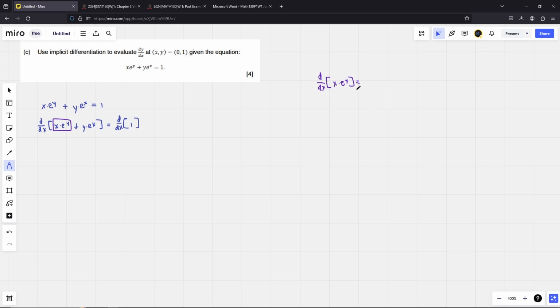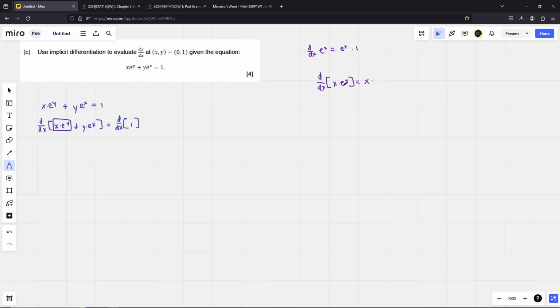So using the product rule, I'm going to leave my first function as is, deriving e to the y. The derivative of e to the x with respect to x is just going to be e to the x multiplied by the derivative of x, which is 1. So let's keep that in mind.